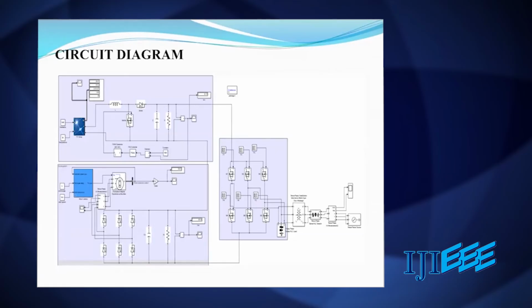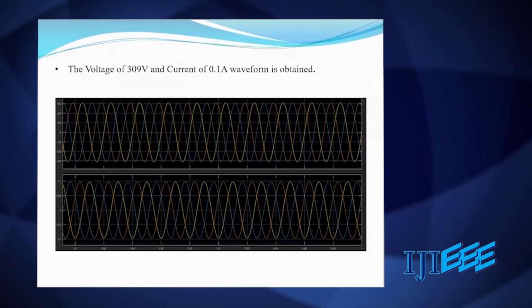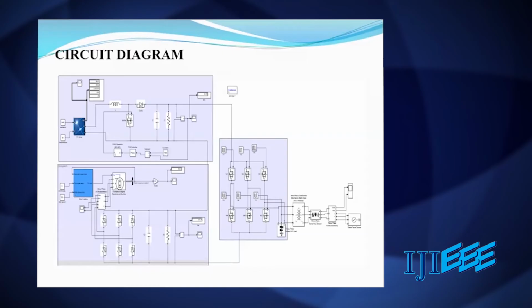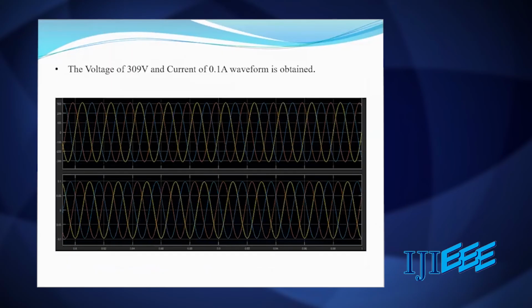The inverter converts DC voltage into AC, so the final AC voltage is given to the grid, and in both the wind and PV array, the voltage is maintained the same. The final output going to the grid is the AC voltage of 309 volts, and the current of 0.1 waveform is obtained.